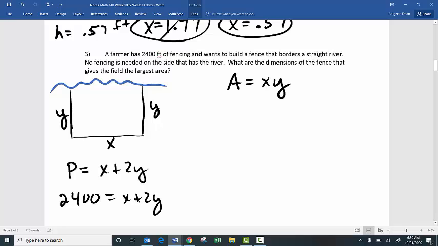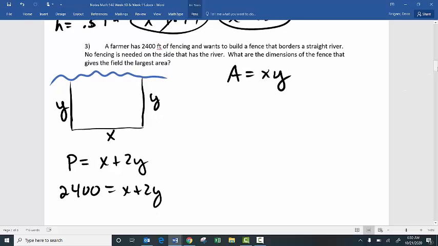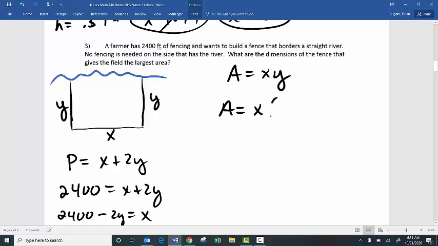So now what you can do is you notice the equation that you want to take the derivative of, once again, has 3 variables and you only want 2. So down below here, you can solve for a variable really, really easy. So 2,400 minus 2y equals x. So then what I'll do is I'll go back to the area formula. Here's an x, here's a y.